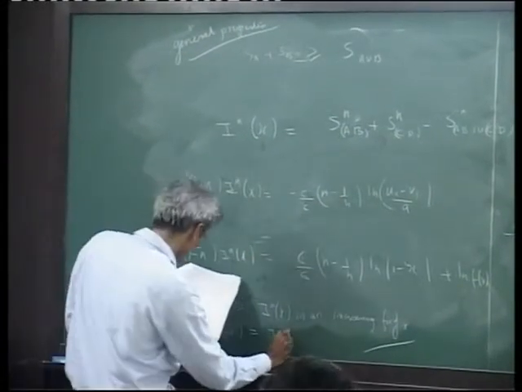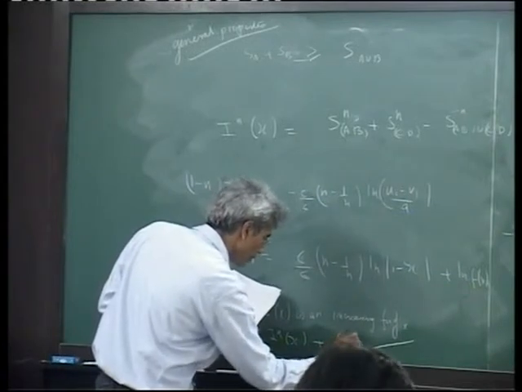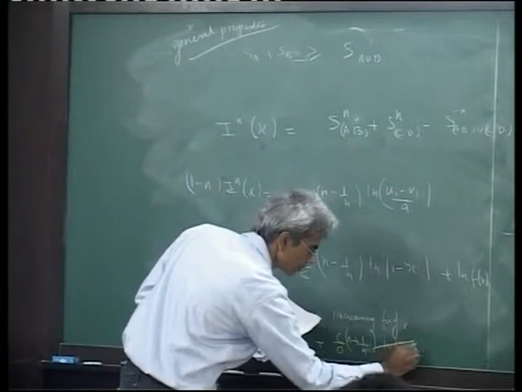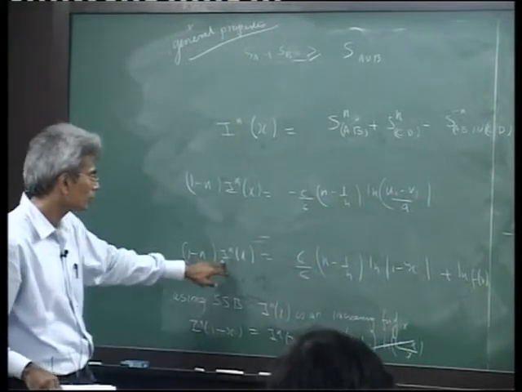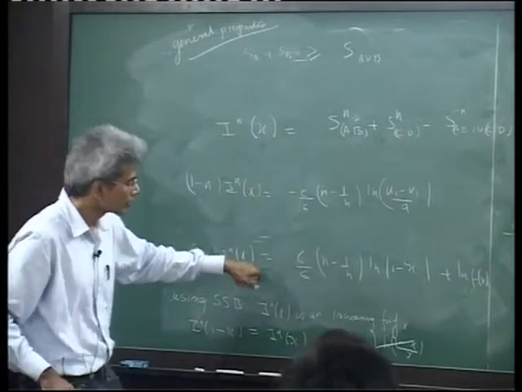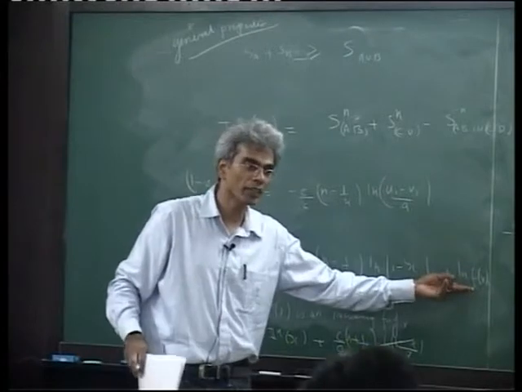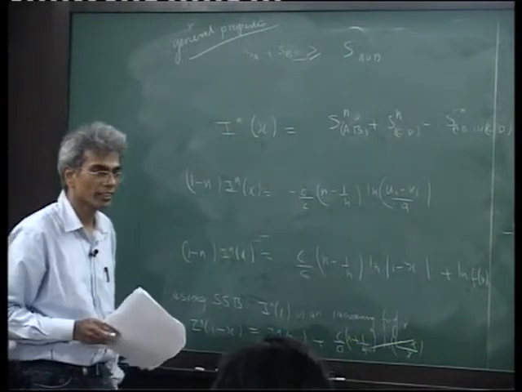Oh, I wrote it and I erased it. So the f disappears because you take this and put 1 minus x. f of x is the same as f of 1 minus x. So if you subtract them, you will actually get this relation.